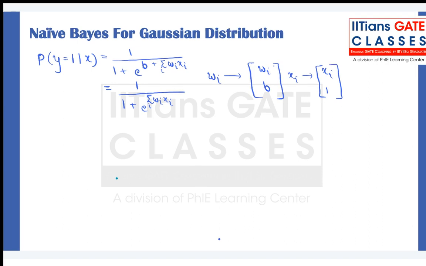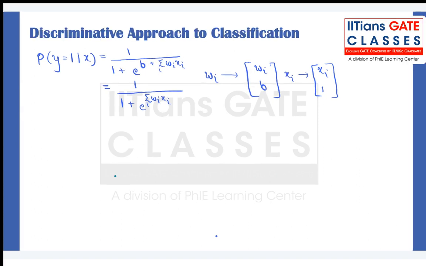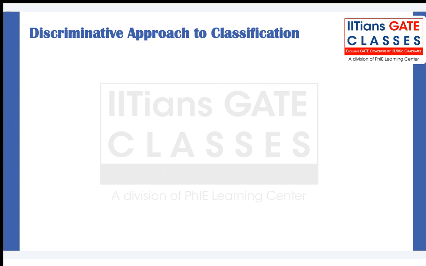And previously we tried to find out the P of x given y equal to k, and once we had that, it was called the generative model, because given a particular class k, you can use this probability distribution to sample other data points.